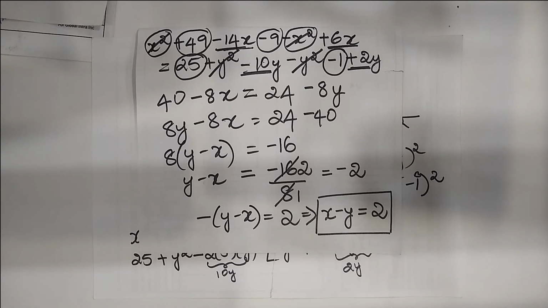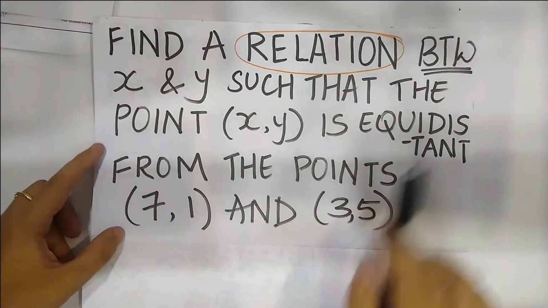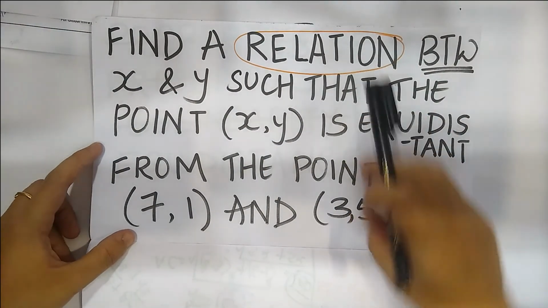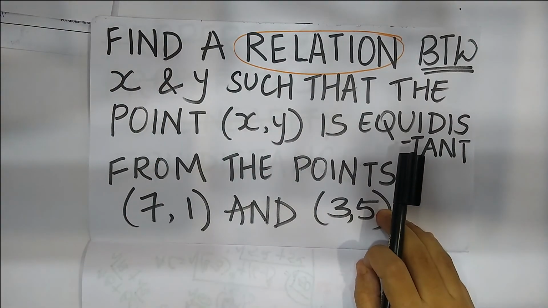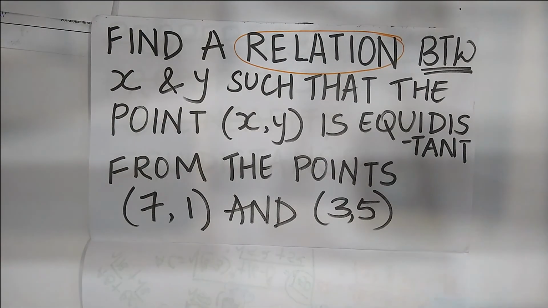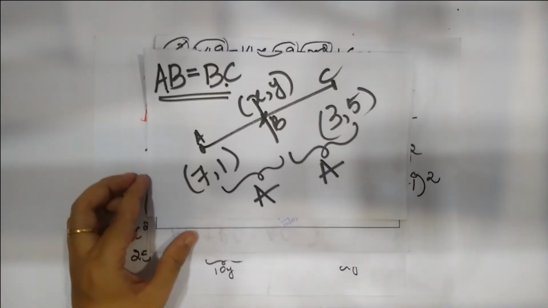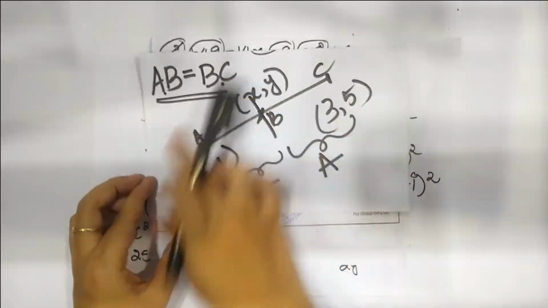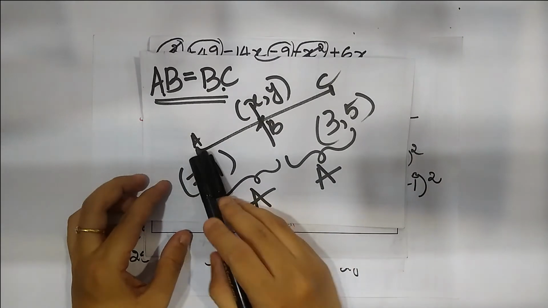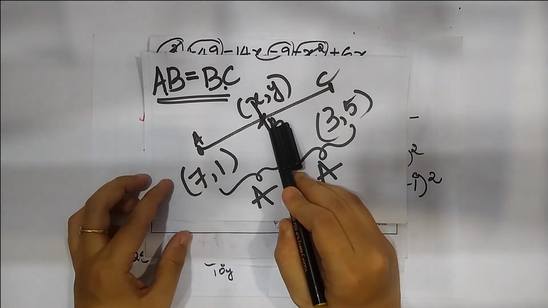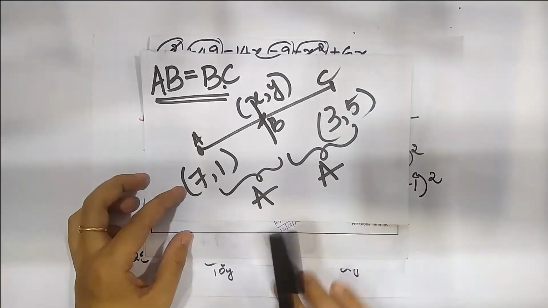So let us go through this problem again. It's just because there was a lot of calculation, you might find it a little difficult, but it's the easiest of all. Let us go through the process once again. So this was the question. There was a condition given and you had to find the relation, which means you had to find the equation. We took the condition and converted it into a diagram and saw that A and C are at equidistance from B, right?